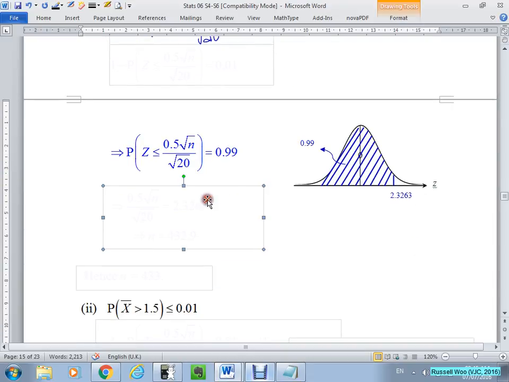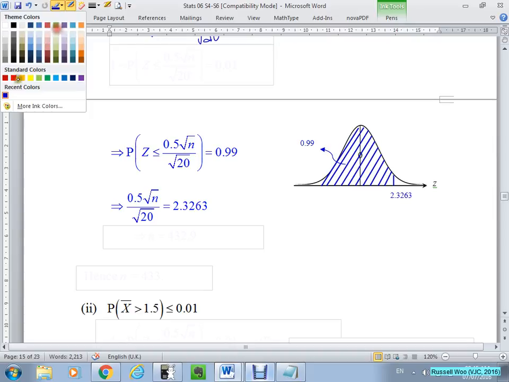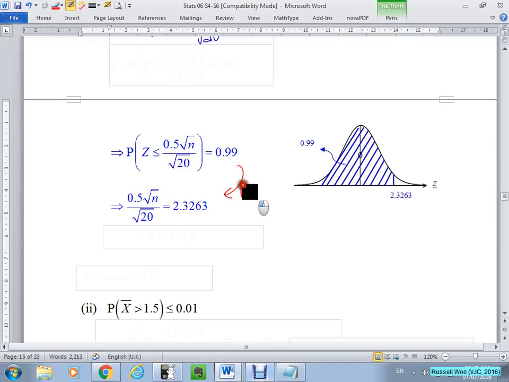Therefore, from GC, in case this is by GC, don't actually need to write but I just want to remind all of us. Inverse norm, you will get this value. Then the rest is just copy.